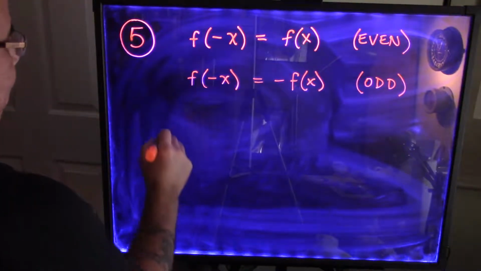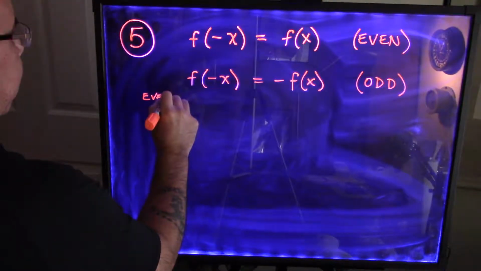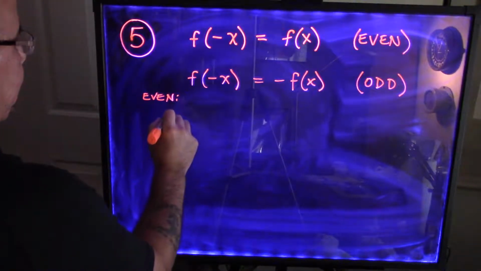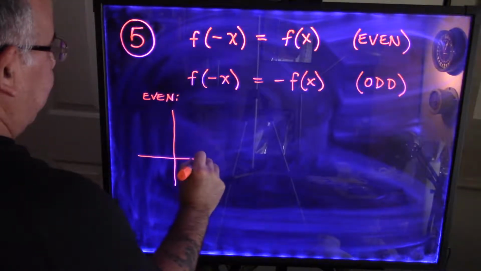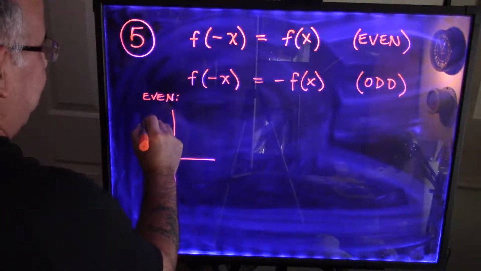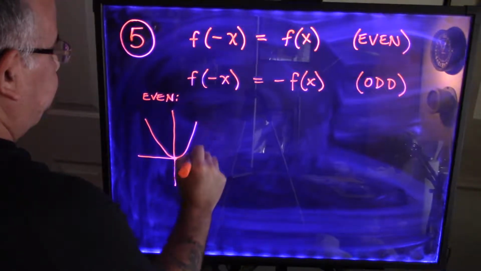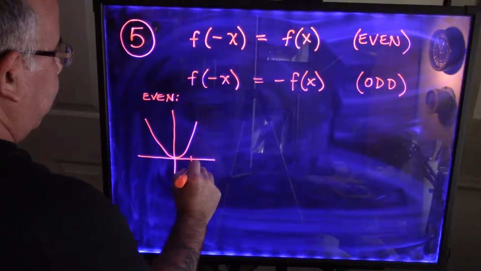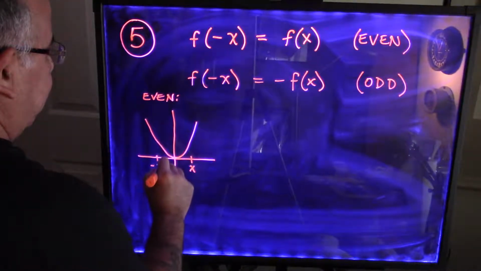So if you have an even function, as an example, a parabola is an example of that. There's x, and let's say that's negative x.